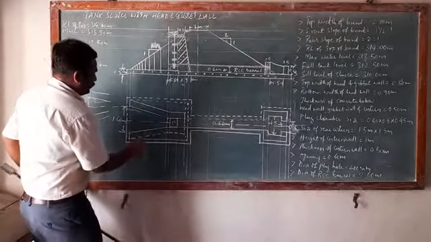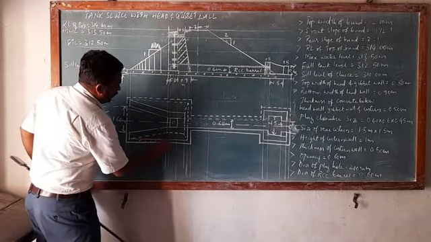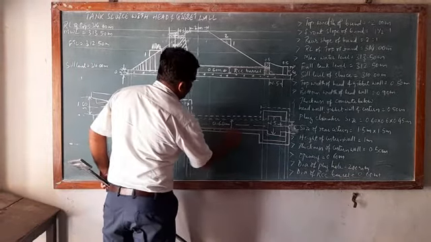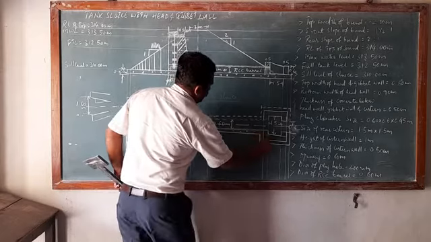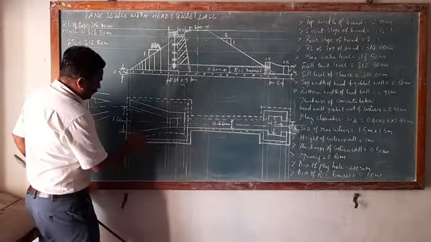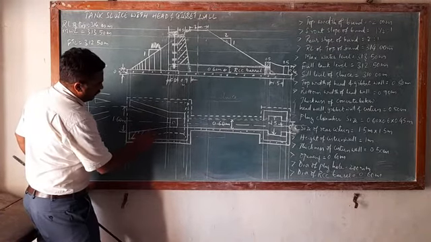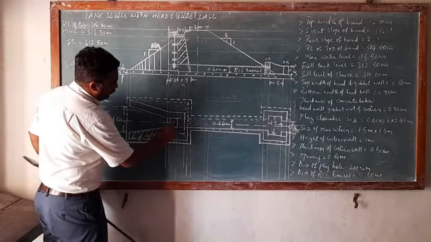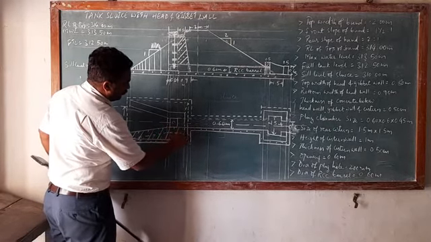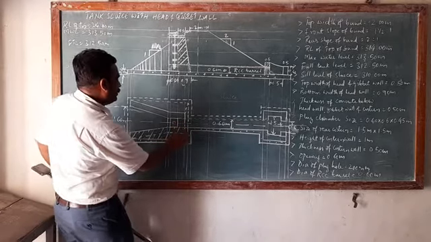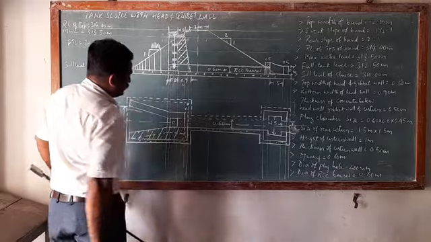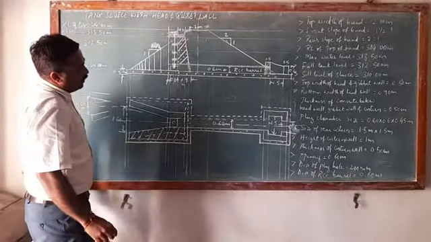Now we have to make the demarcation for concrete in the half plan at bottom, then hatch this portion of the masonry with 45-degree inclination, up to this half portion. So this completes your length part.